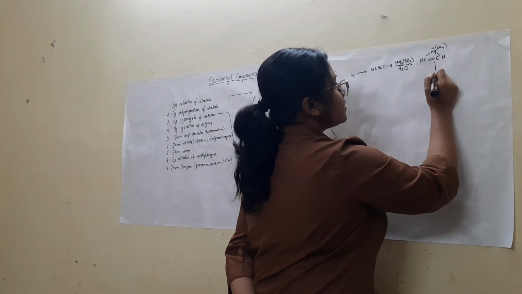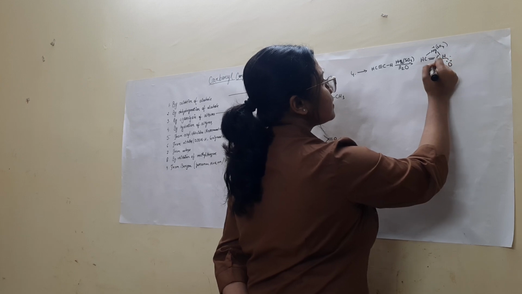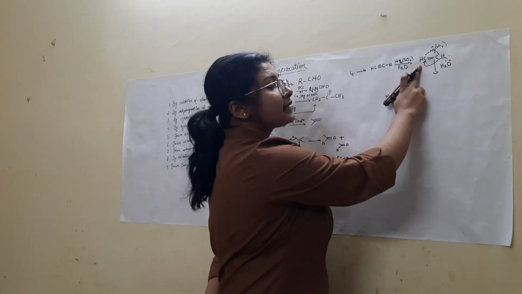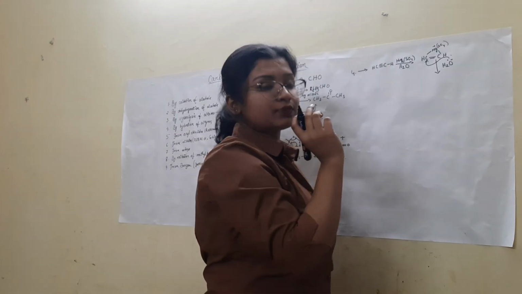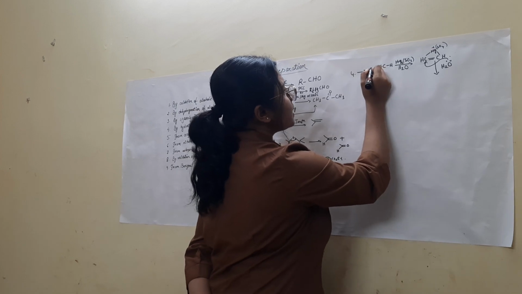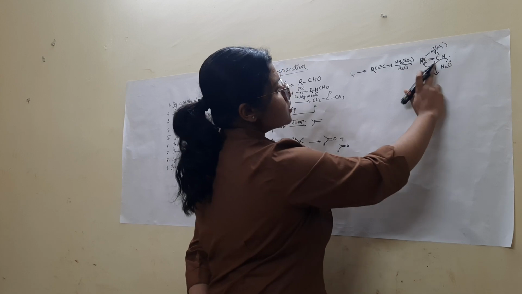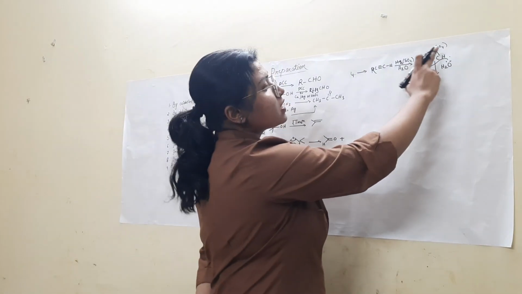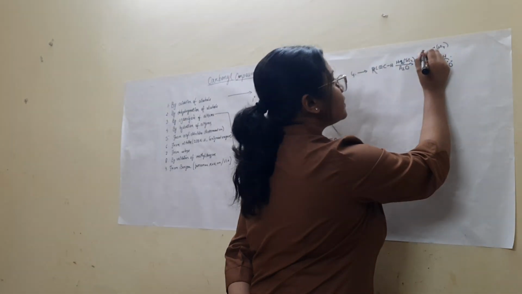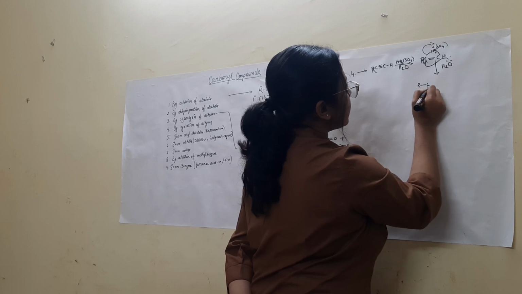Now H2O is present. This will attack at this center. One more thing, H2O will attack at the more substituted position. For example, if there would have been a group, for example, RC triple bond H, then H2O will attack at this position compared to this position because this is more substituted. So the ring will open in this way and we will get an intermediate like this.